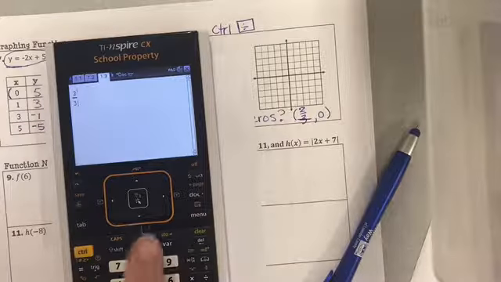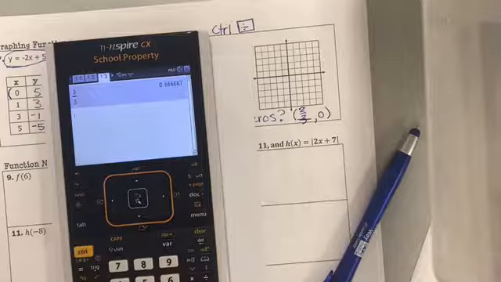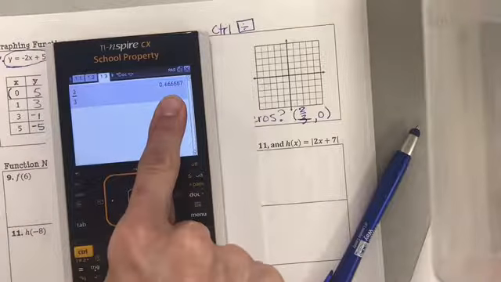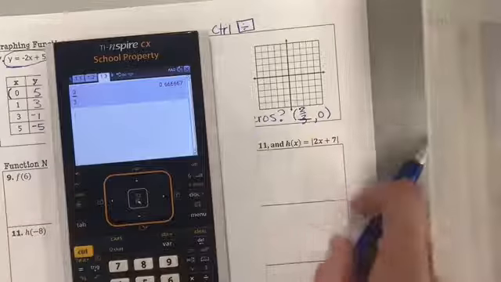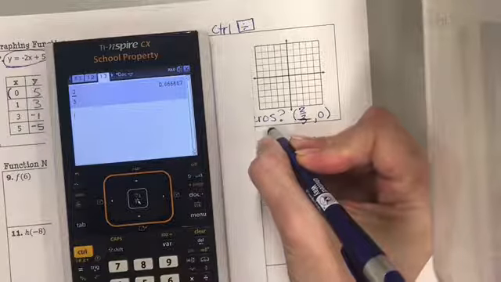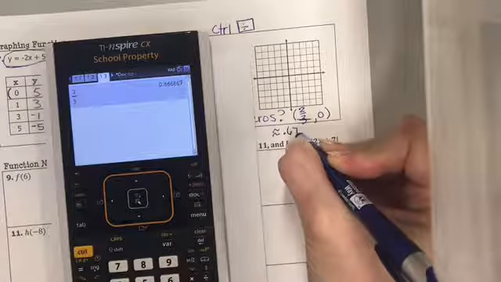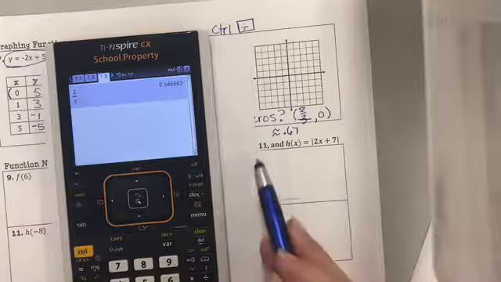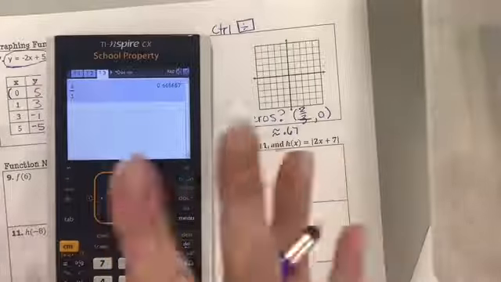And while you're here in your edit line, you're just going to hit Control Enter. And there's your decimal. 0.666667. Okay? So it would be about 0.67. And I used squigglies because it's about equal.